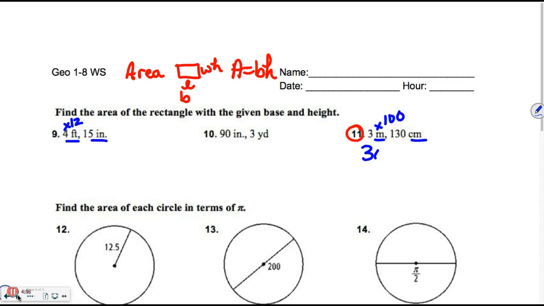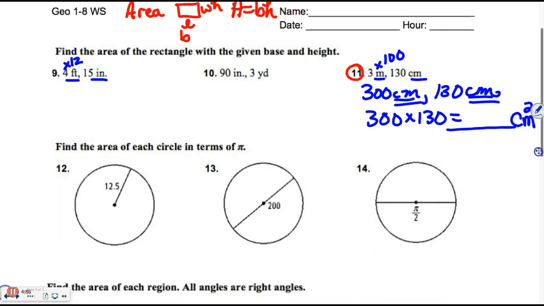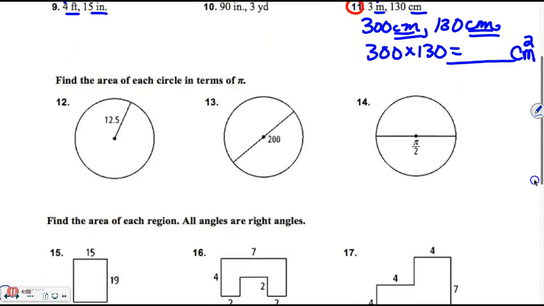So this is really 300 centimeters by 130 centimeters. So to get the area, we would do 300 times 130. And you do that on a calculator, I'm not doing it for you. And then its label is centimeters times centimeters, or centimeters squared.